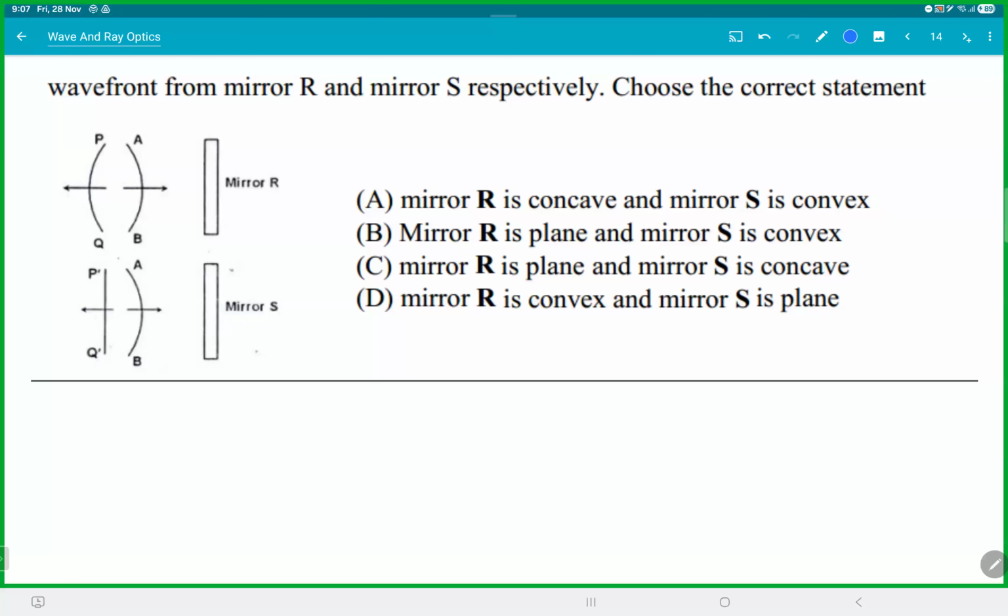So the question is this: you are sending... I think the question got cut, I guess. The wavefront from mirror R and S is there. Question got cut actually.